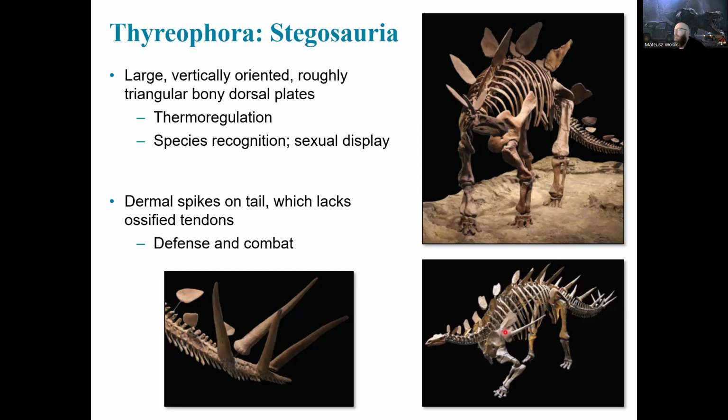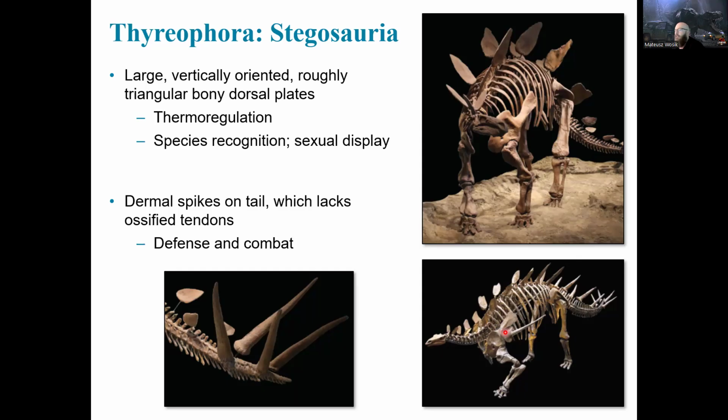But the other part, which is more likely, is species recognition or sexual display. So maybe they might have had a capability of changing the color of it due to the amount of blood that they forced into this area. A whole variety of things. Unfortunately, we won't know for sure what their primary functionality or the biological role of these were, but we can probably have a pretty good guess of what it is.